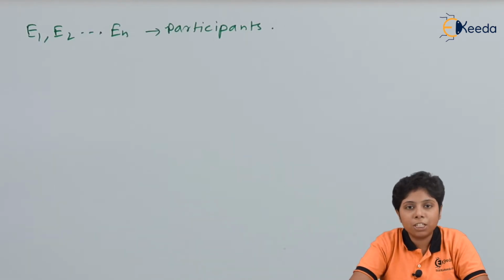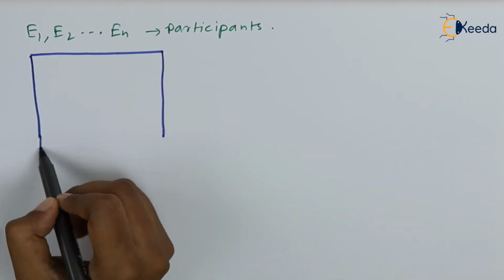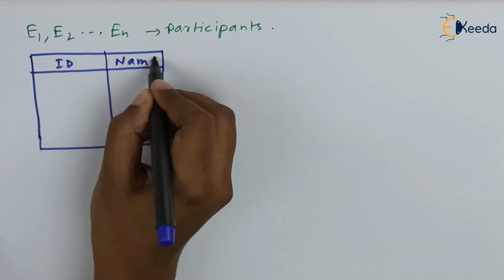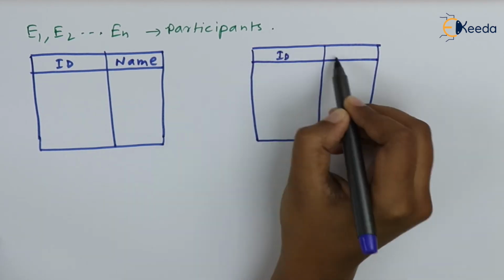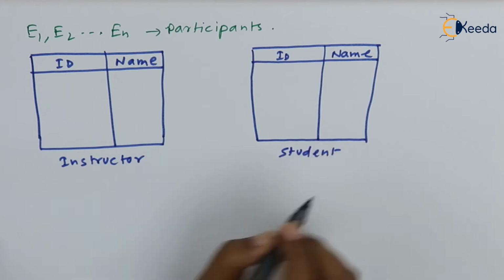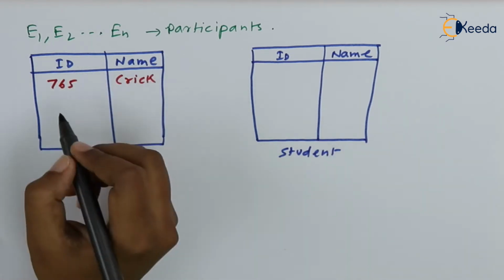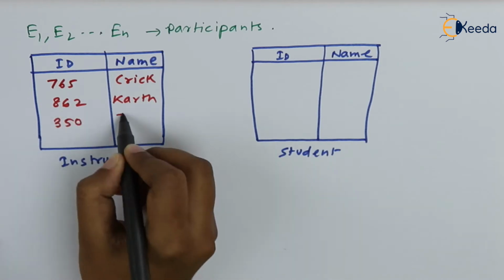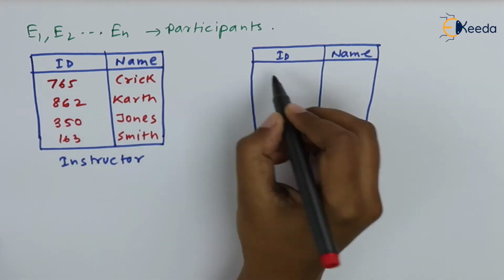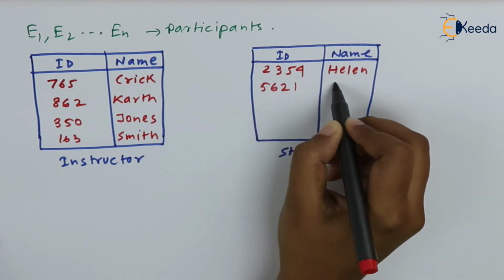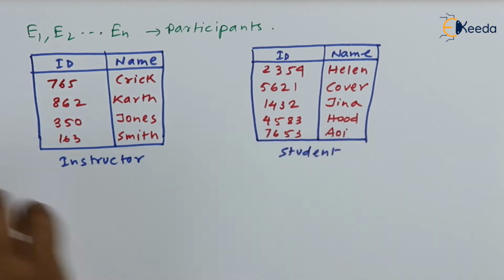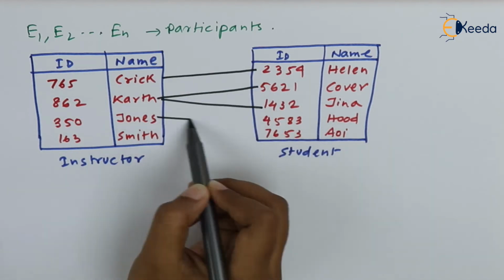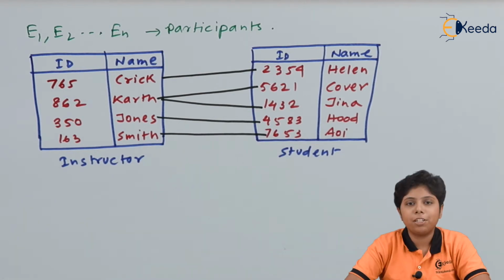Now we talk about relationship instances. First, let's look at the example. Now let's look at this.